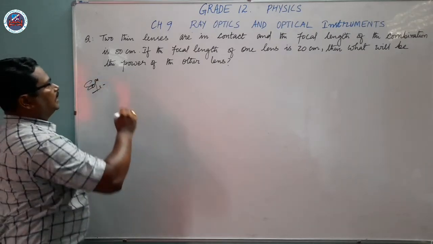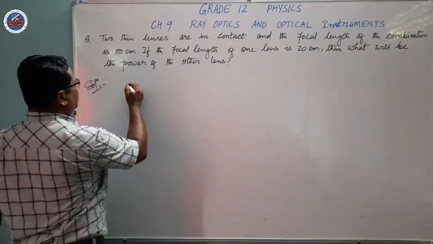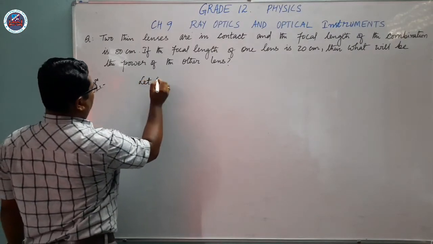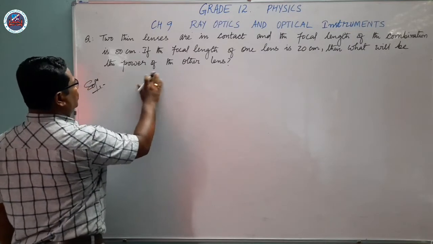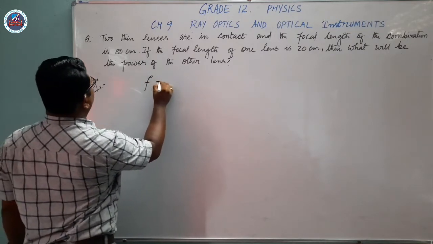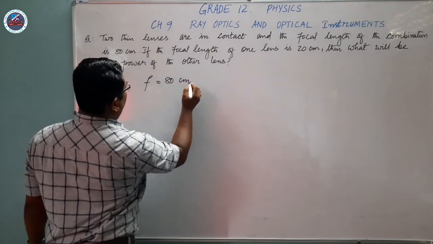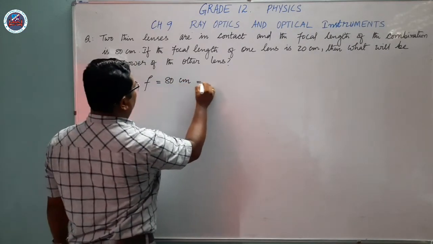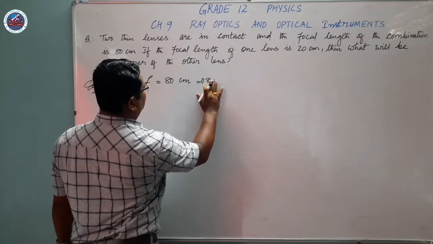Two thin lenses are in contact and the focal length of the combination is 80 cm. Let f be the focal length of the combination, that is 80 cm. In meter it will be 80 divided by 100, that is 0.8 meter.